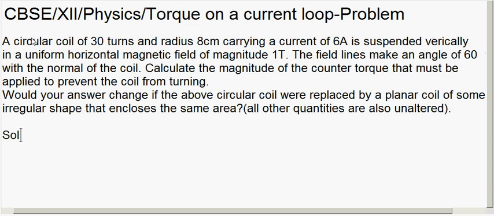That completes the question. Now we will read and list out the given things. In any sum, first list out the given things. A circular coil of 30 turns, therefore the number of turns N is 30.